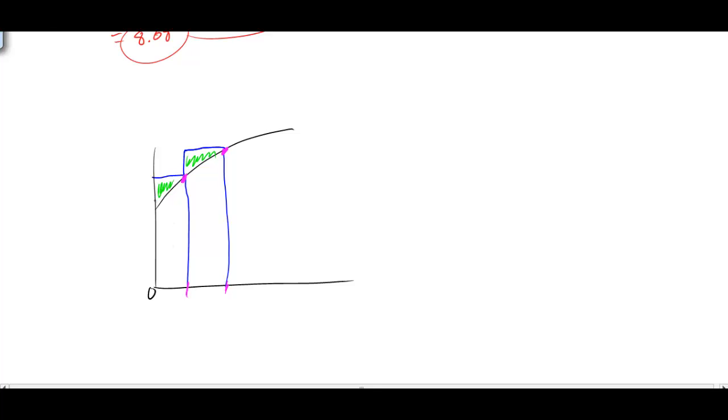So that means for this one, you wouldn't start at 0. So it all depends on the curve of your graph, whether you're going to use the left or right endpoints.